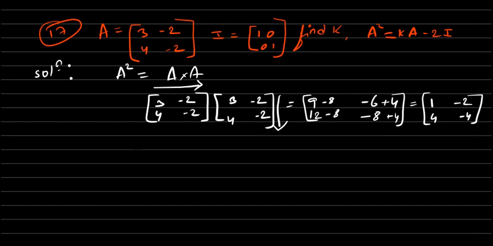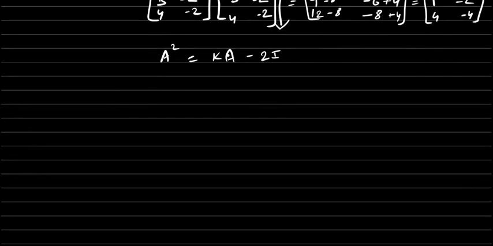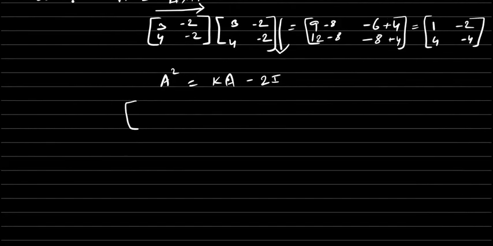We will put everything in this given equation itself. We know that A square is equal to 1, 4, minus 2 and minus 4, is equal to K, which is a constant term, known as scalar multiplication, times A, which is 3, 4, minus 2 and minus 2, minus 2 into the given identity matrix, which is 1 0 0 1.